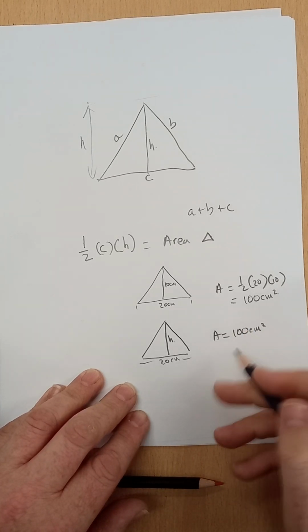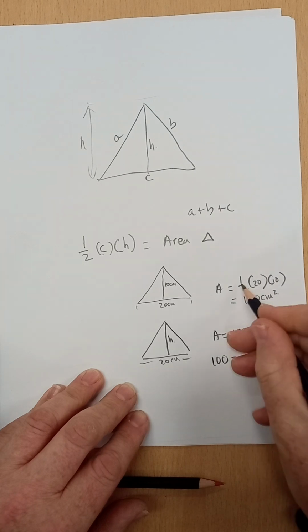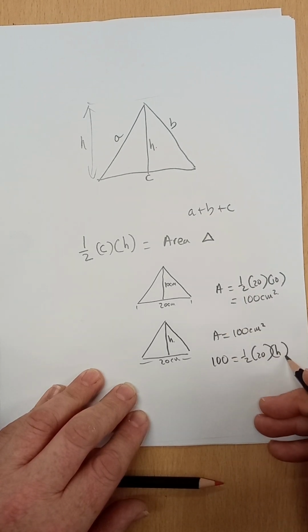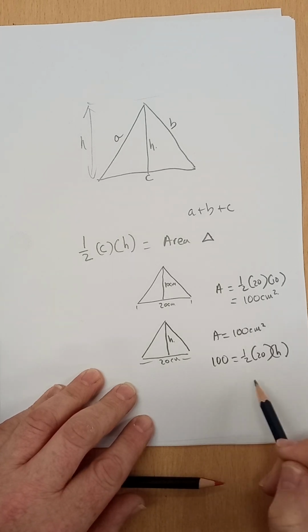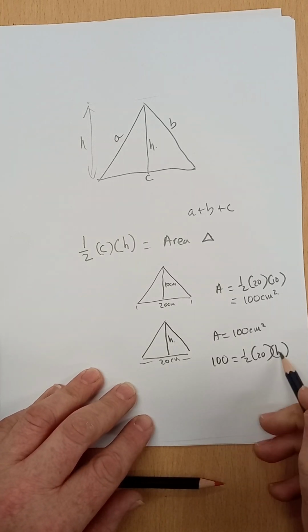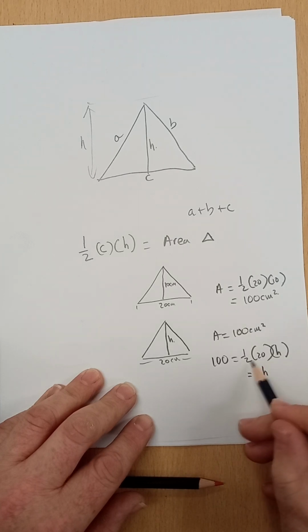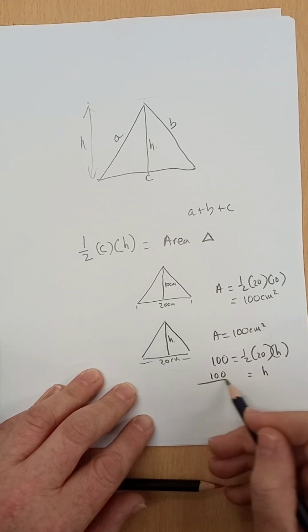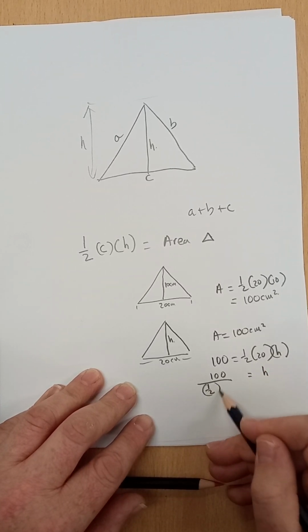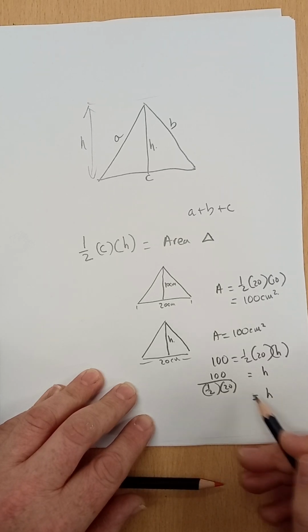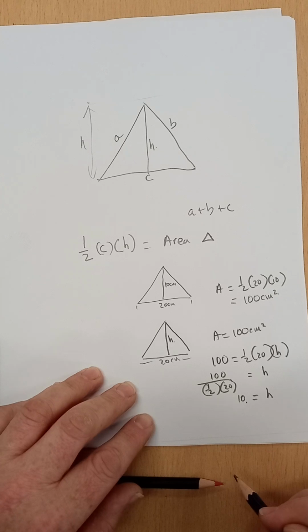Well, then you put the 100 on this side, and you still have your sum, half the base by the height. And in every one of these types of sums, all you have to do is leave the letter that you want, and with all the other numbers, make a fraction on your calculator and let that get the answer, in this case 10.